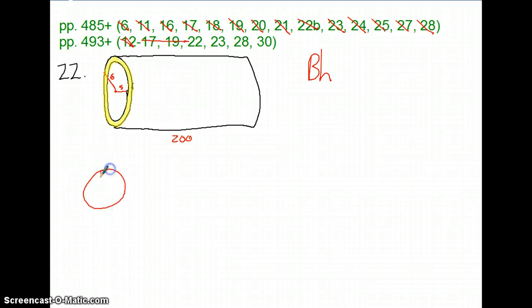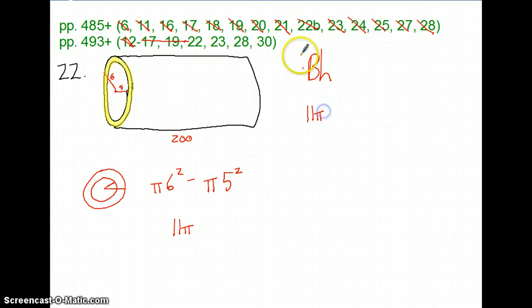And that circle, a radius of 6 and a radius of 5, it's just going to be big circle minus small circle. So 36 minus 25, that's 11. That's the area of this thing. And I have 11 pi, that's the area of the base, times 200. So I get 2200 pi.